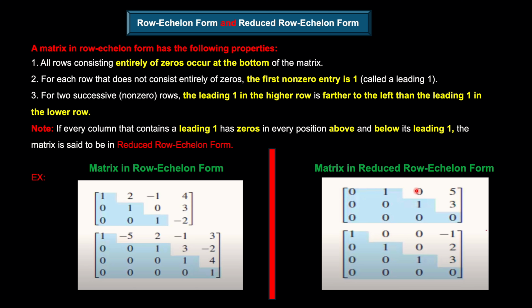If we have zeros above also, the condition is satisfied, like this: 1, above 0, below 0. So above and below with zeros. The most important thing is above the leading one, or below the leading one. Then the matrix is said to be in reduced row echelon form.